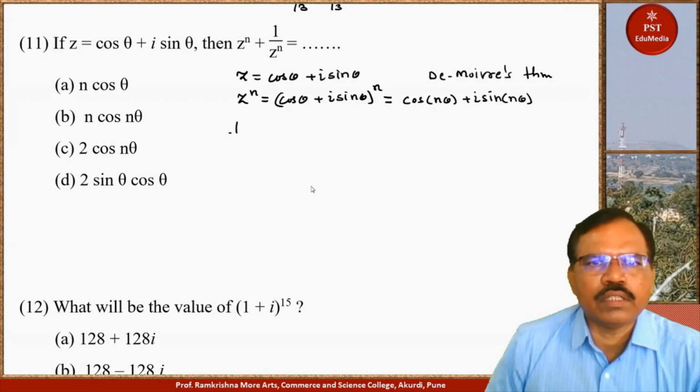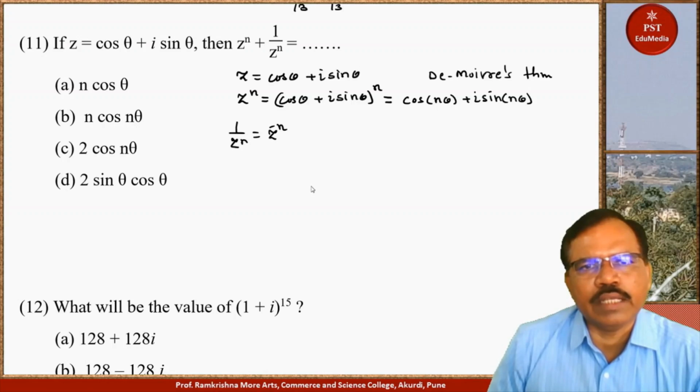And 1 upon z raised to n, we can write as z raised to minus n. So it is cos theta plus i sin theta raised to minus n.